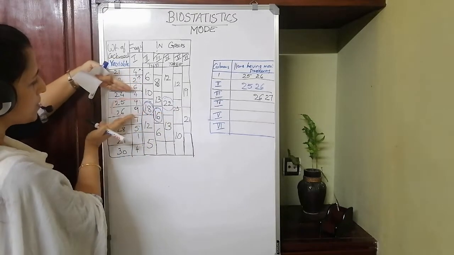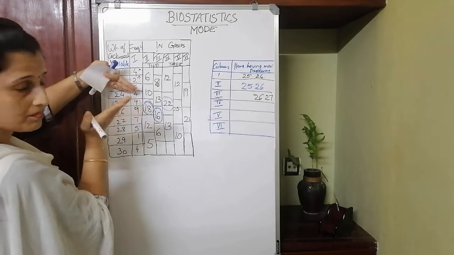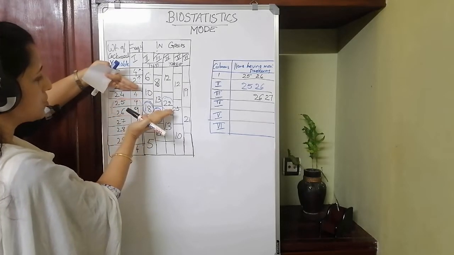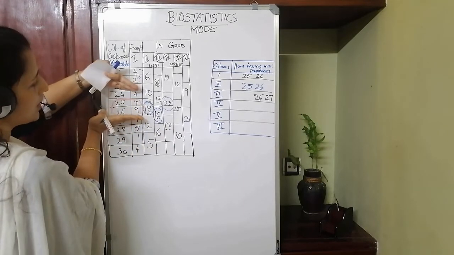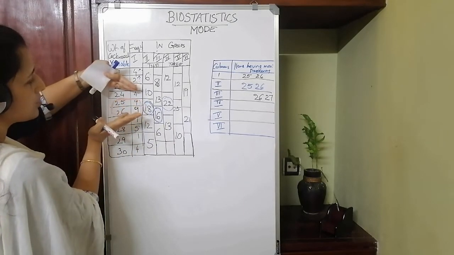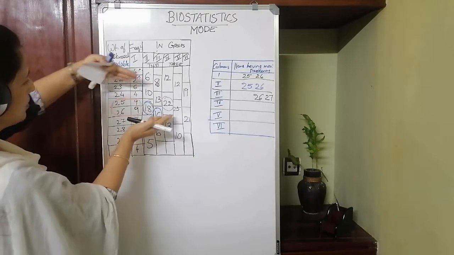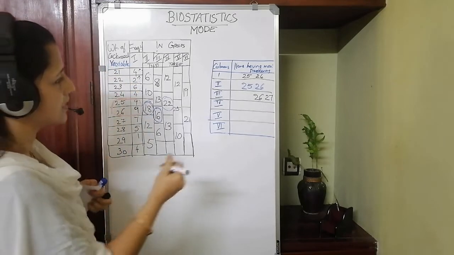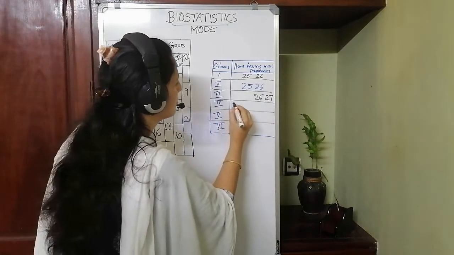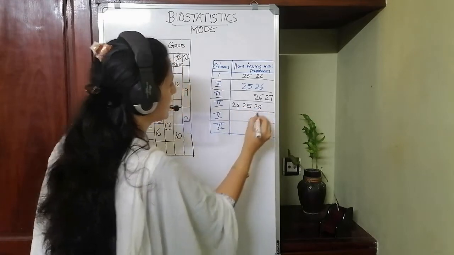So 22 corresponds to these three variables, 24, 25 and 26. So we can write 24, 25 and 26.